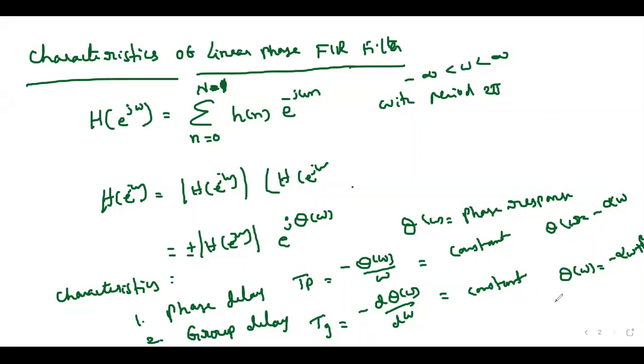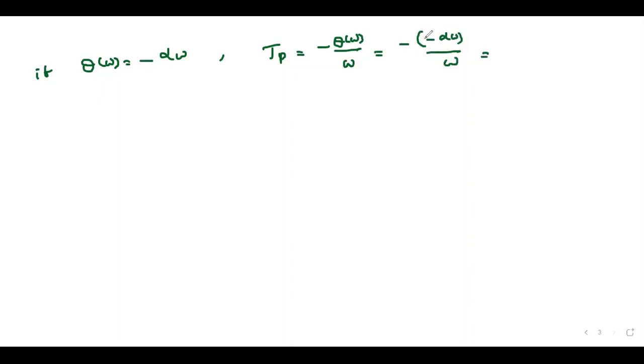Now we will check the phase delay and group delay. If theta of omega is equal to minus alpha omega, what happens to TP? Phase delay is equal to minus theta of omega by omega. That gives minus of minus alpha omega by omega. So minus of minus is plus, omega cancels. This will give simply plus alpha.